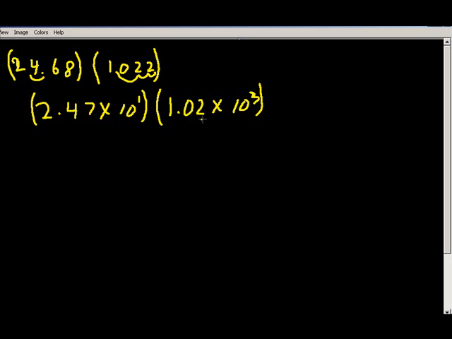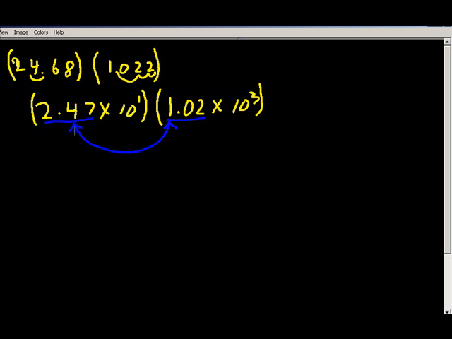10 to the third. Now, what we do here is, once again, we're going to break the problem down into two parts. We're going to take 2.47 and 1.02, and we're going to multiply them together.